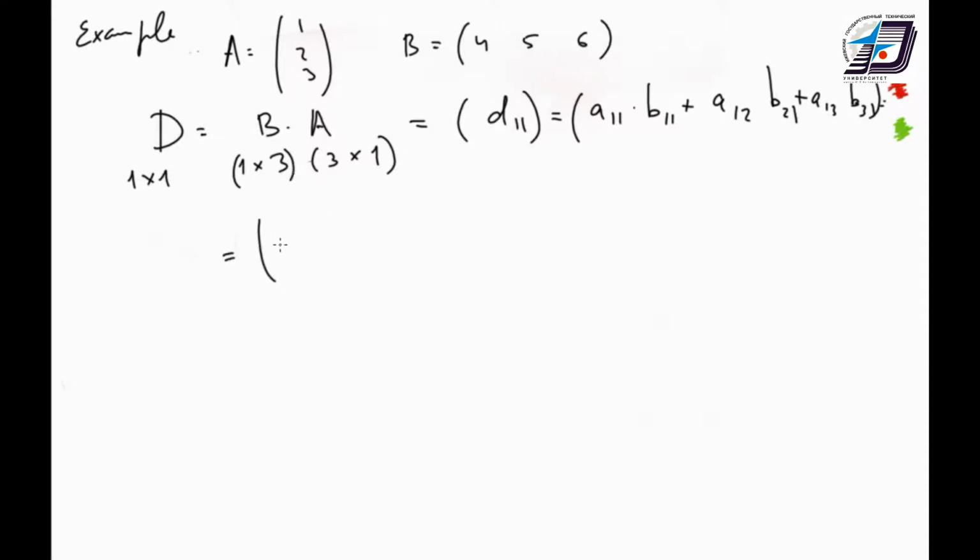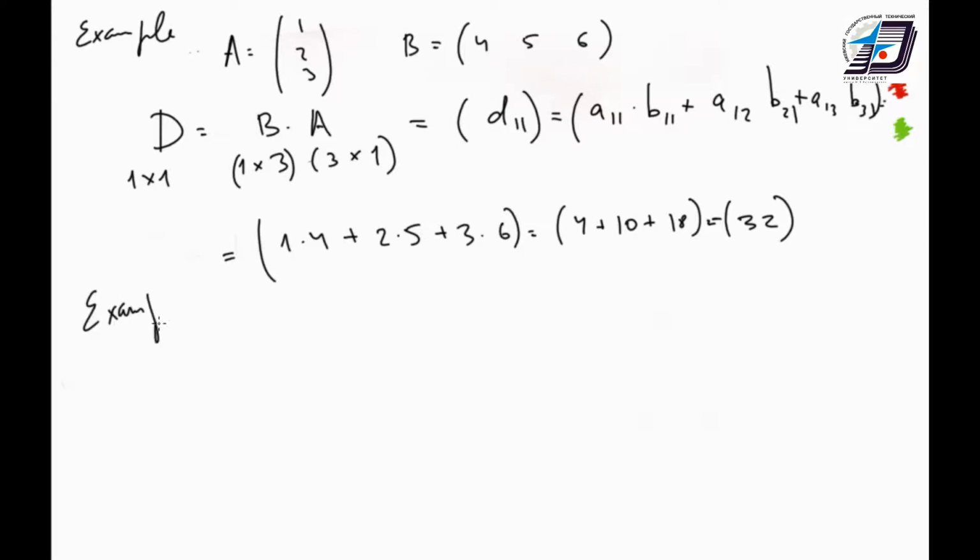Finally we have 1 times 4 plus 2 times 5 plus 3 times 6, and it is 4 plus 10 plus 18, and finally we have 32. So the result of this product is a 1 by 1 matrix with one entry, which is equal to 32. Let's calculate one more example.